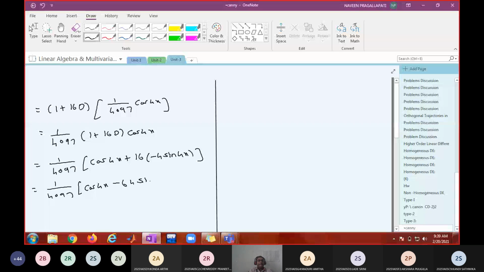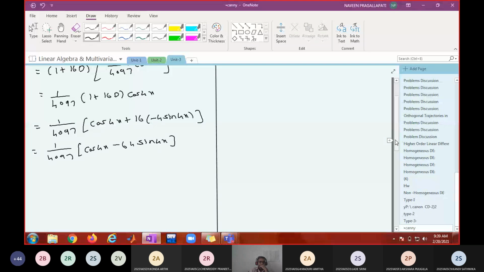Is that okay? Did you understand? Yes, sir. So whenever even powers are there, always write even powers as powers of D square. Replace D square with minus a square.